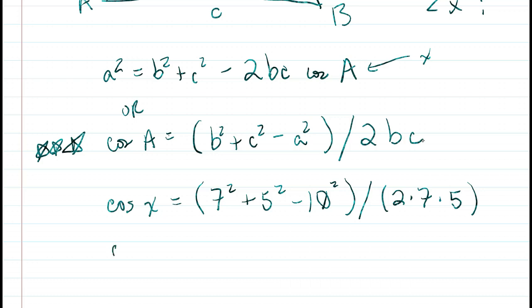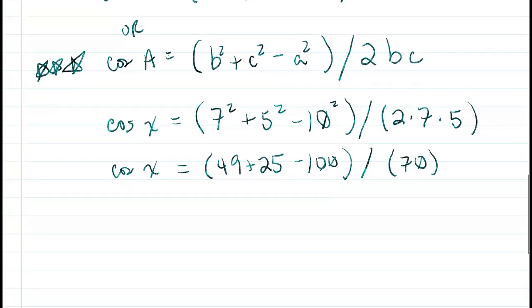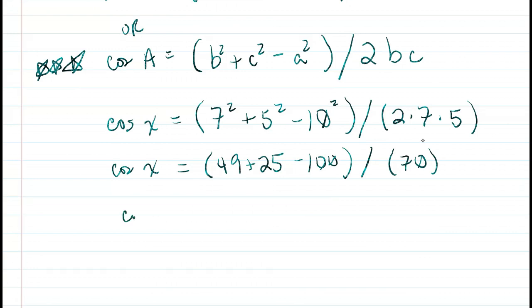And now, using a bit of number crunching power from our calculator, we'll get 49 plus 25 minus 100, divided by 2 times 7 times 5, which gets us 70. All right, and then you'll get cosine X equals negative 0.37. Cosine of X is negative 0.37.